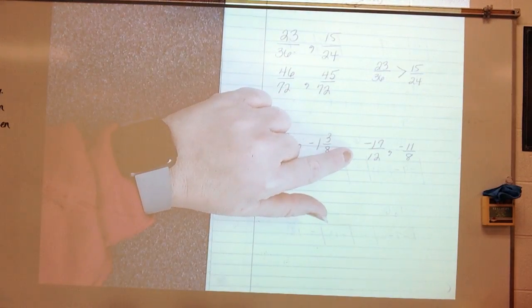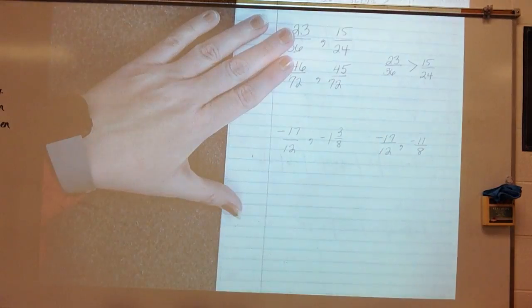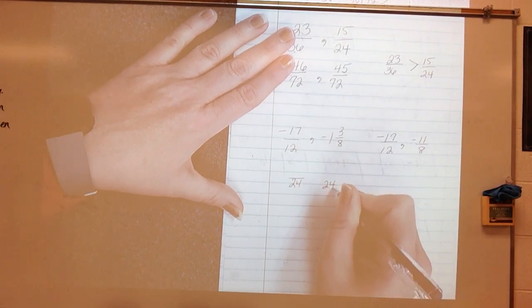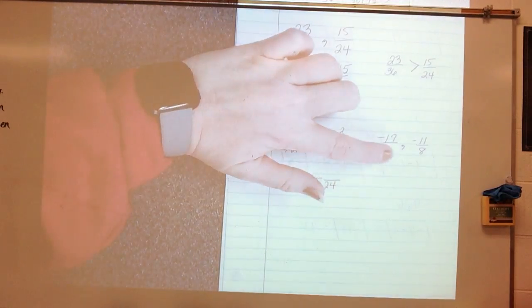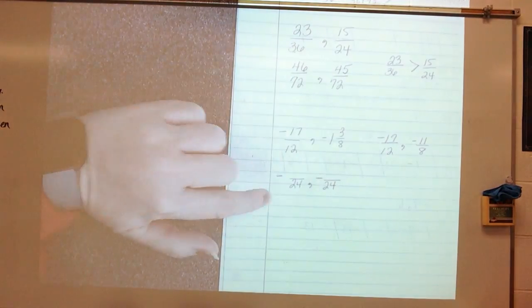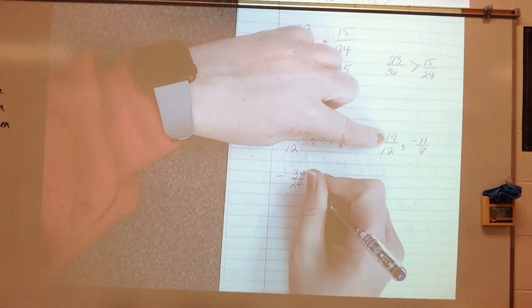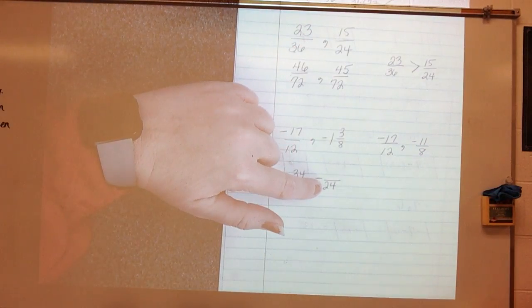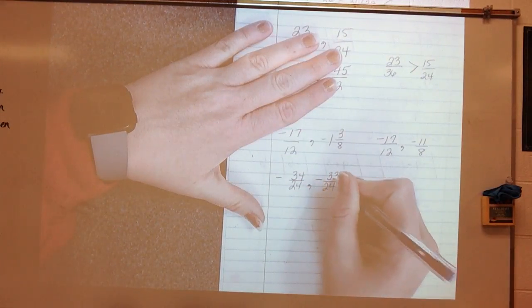Now I can think about multiples of 12 and 8. The first one that I think of is 24. So I'm going to change them to 24, and they are negative. 12 times 2 is 24, so 17 times 2 is 34. 8 times 3 is 24, so 3 times 11 is 33.